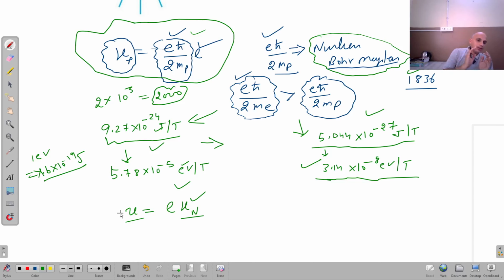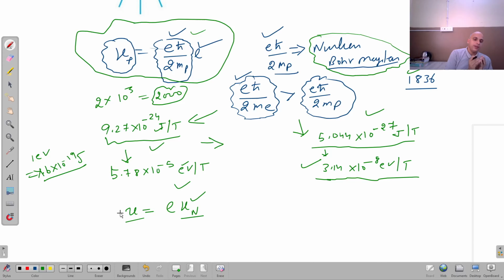Now this result that has been derived here is a classical result. When we use quantum mechanics and derive the quantum results, it is found that these results are quite similar to this one, but there is an addition of a factor known as a correction factor, or g factor, the gyromagnetic ratio factor.